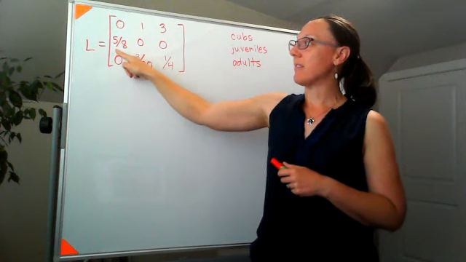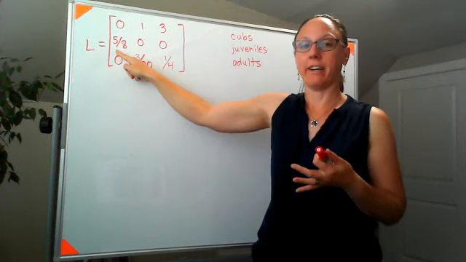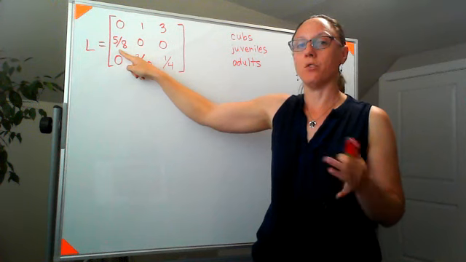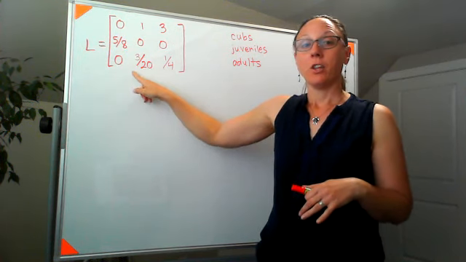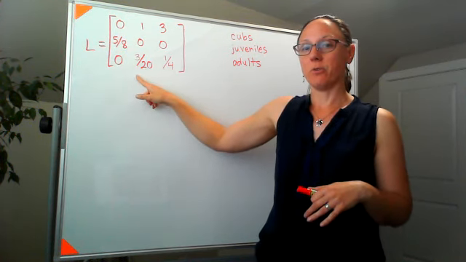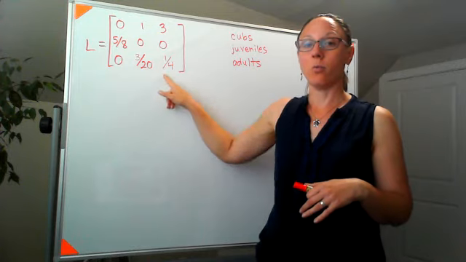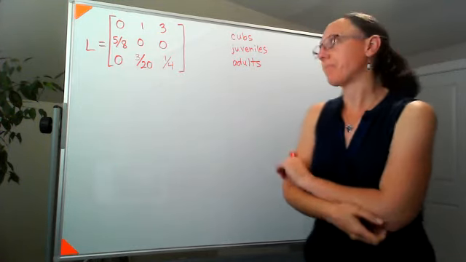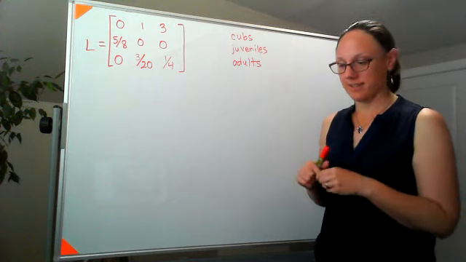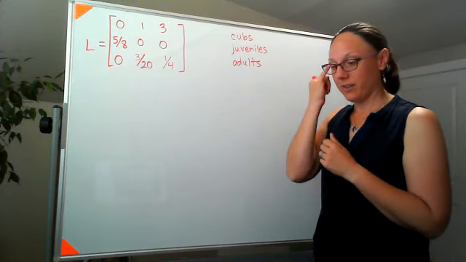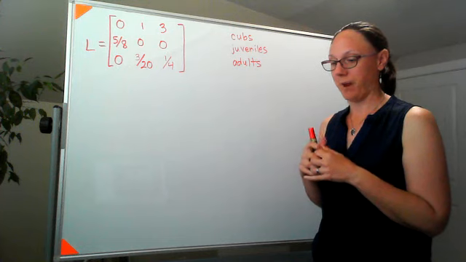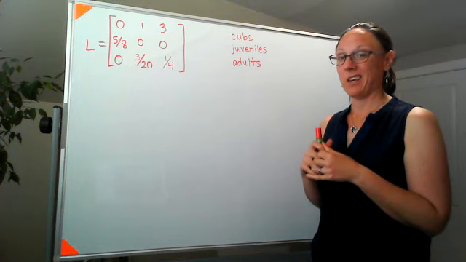This 5/8 tells me that, on average, 5/8 of our cubs grow up to become juveniles. 3/20 of our juveniles grow up to be adults, and 1/4 of our adults survive another cycle. So that's our situation.